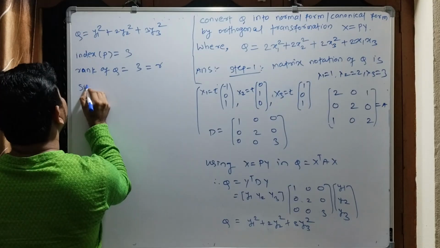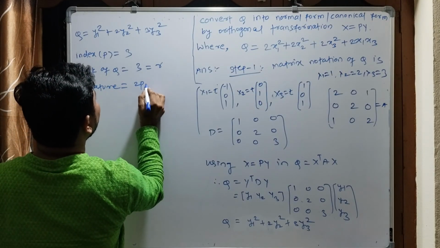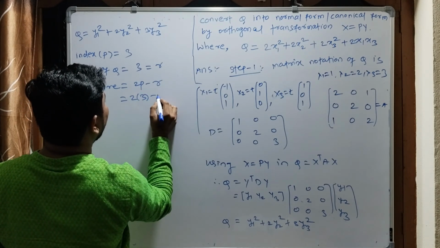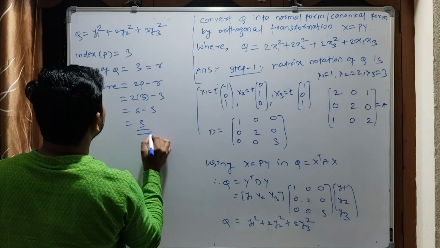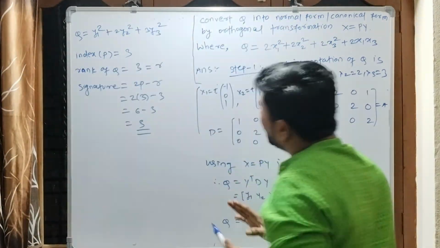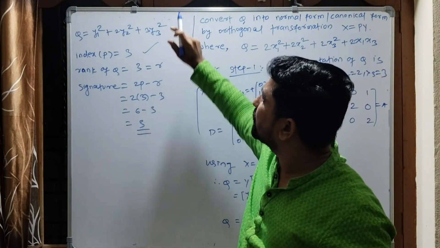Now define the signature. Signature equals 2p minus r. Here p is 3 and r is 3. This is equal to 6 minus 3, which is 3, the signature of my quadratic form. Maybe if they ask: this is my index, the number of positive eigenvalues or positive terms.